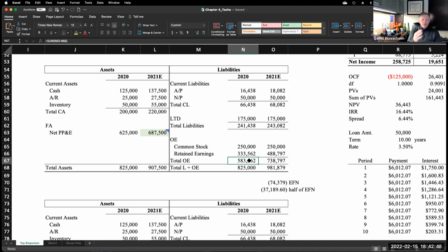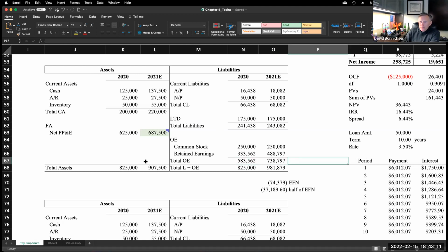The only thing you're given about 2019 is what the retained earnings were. But when we get to the 2021 estimate, that's exactly what we're going to do, Ron. It equals the year prior plus the addition to retained earnings for that year.